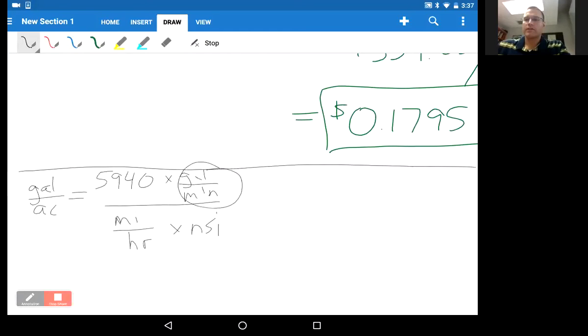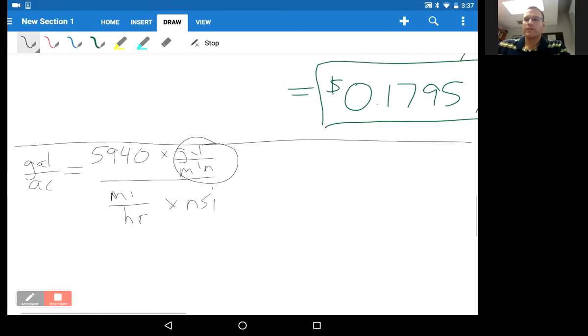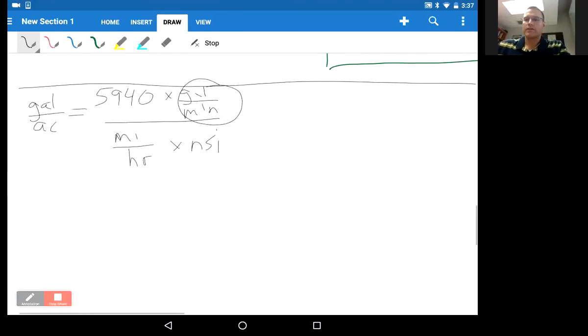We're solving for this one here. How do we solve for that? Well, we can multiply both sides by the denominator over here and then divide that whole product by 5940.